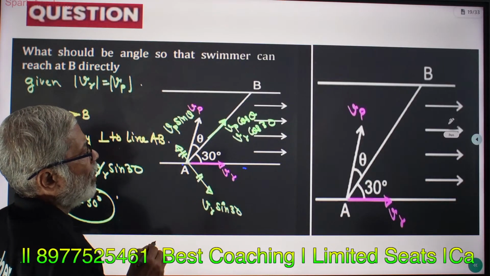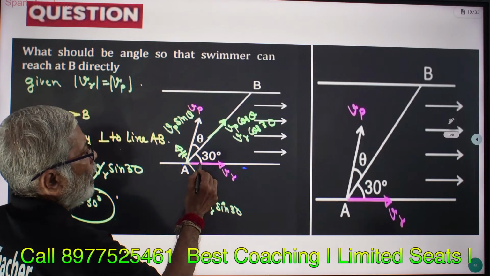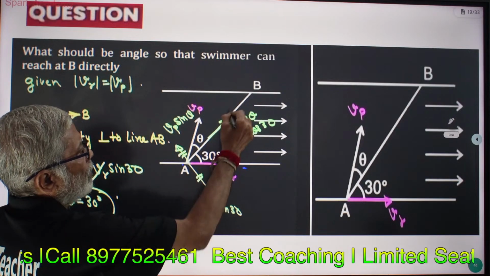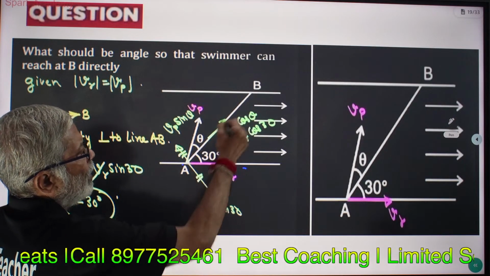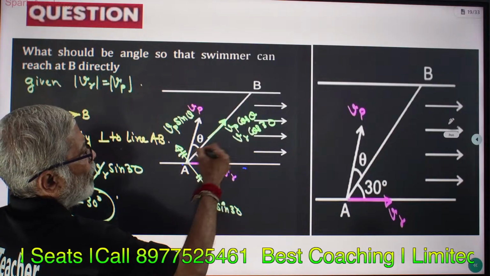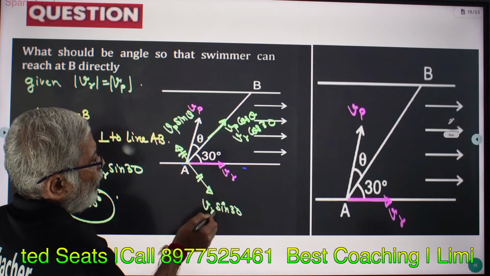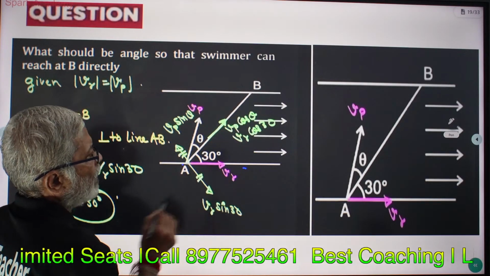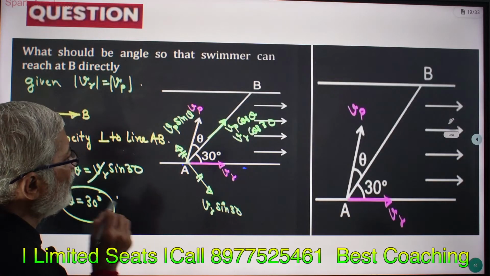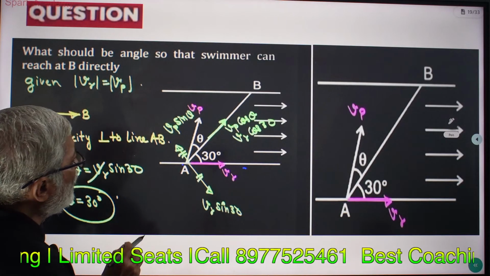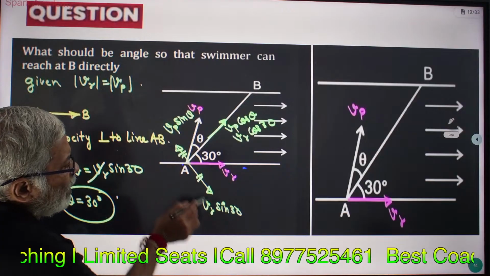VR also you resolve into two components. One along here, this will be the horizontal component, VR cos 30, and the vertical component VR sin 30. So you can see that technically these two vectors are equal and opposite.